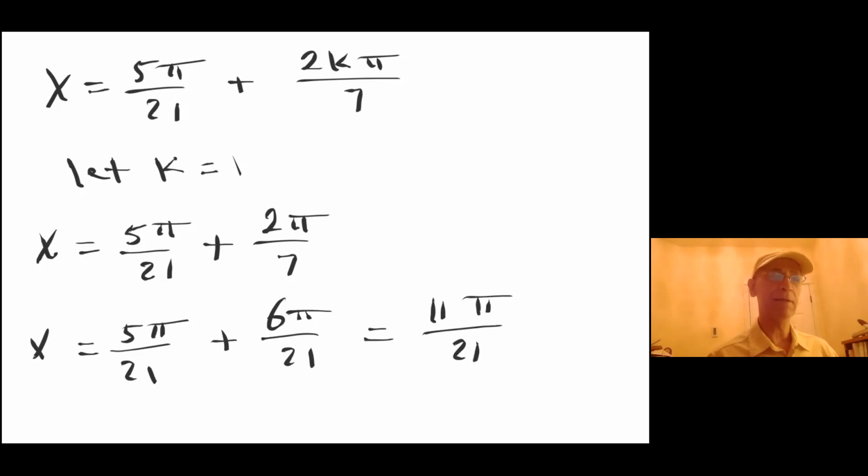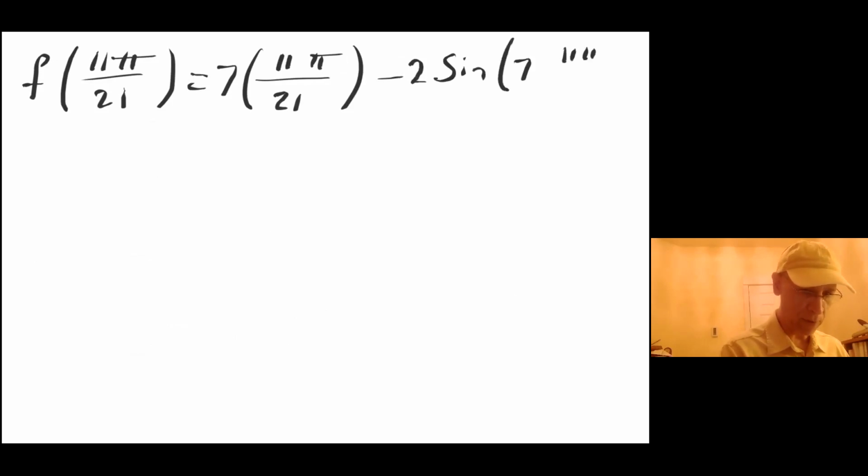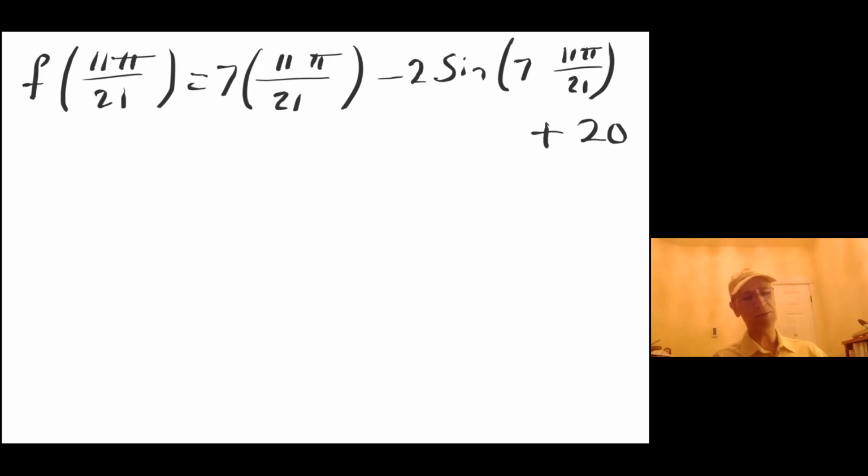Now I have to find f of 11 pi over 21. So f of 11 pi over 21 equals 7 times 11 pi over 21 minus 2 times sine of 7 times 11 pi over 21 plus 20. That was our f of x.